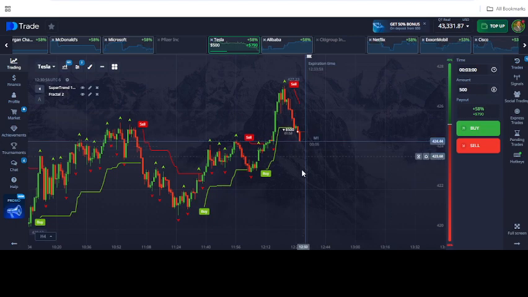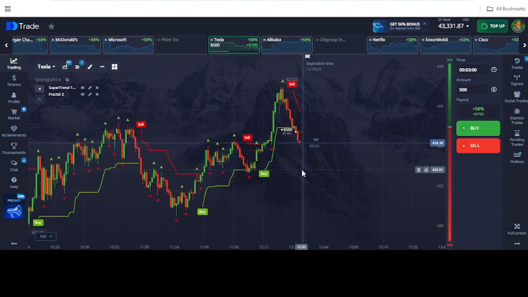Price is actually pushing downward here. And you see these bearish candles, several bearish candles developing here, these 1 minute candles.